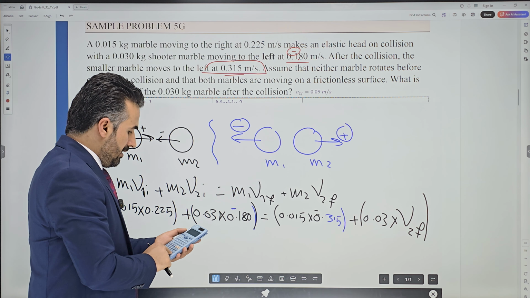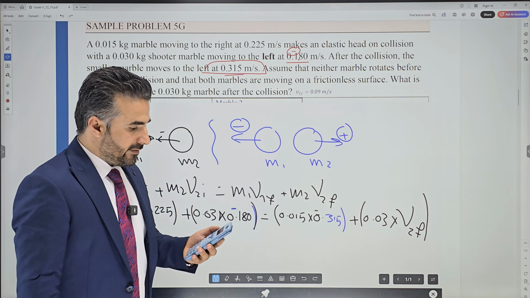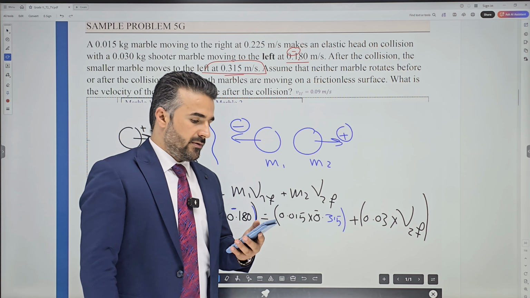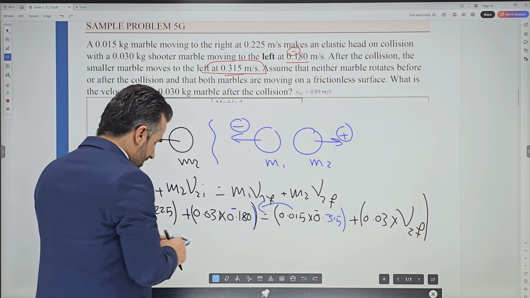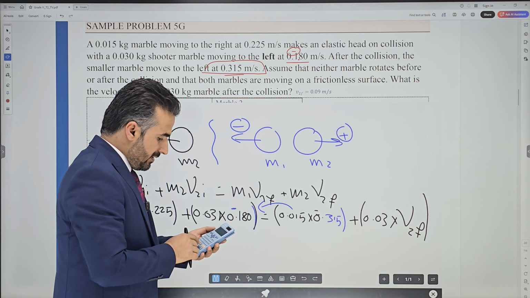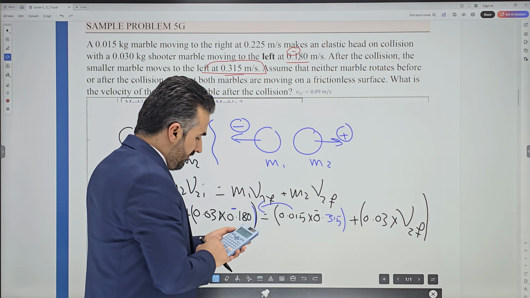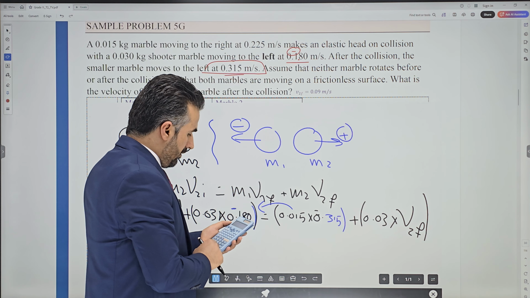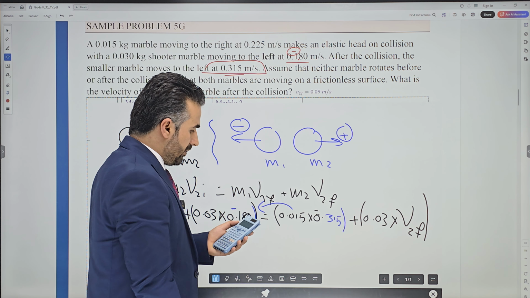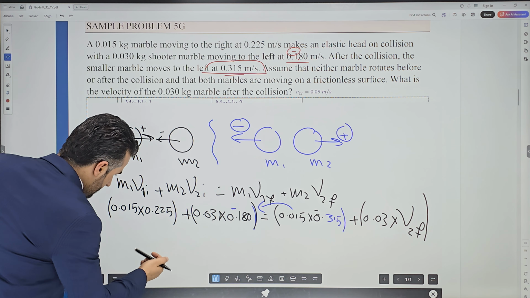Press equal sign, that is going to be negative 0.02025. And then if this one comes to this side, it becomes positive. So we could just say plus, open bracket, 0.015 times 0.315, close bracket, press equal, it is equal to 0.027, and that would be the answer.